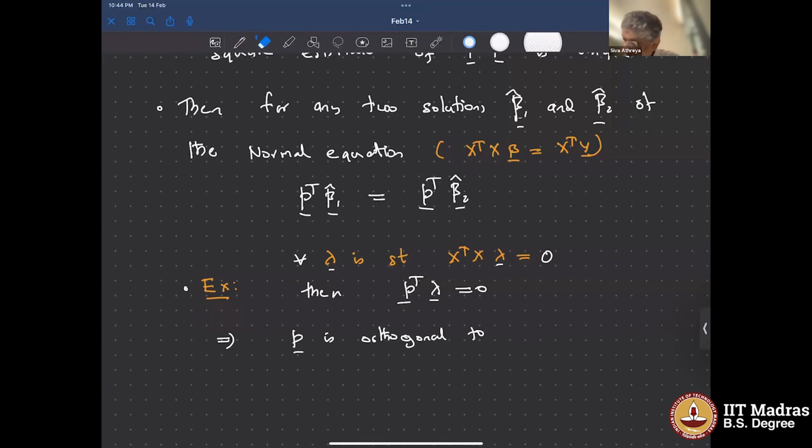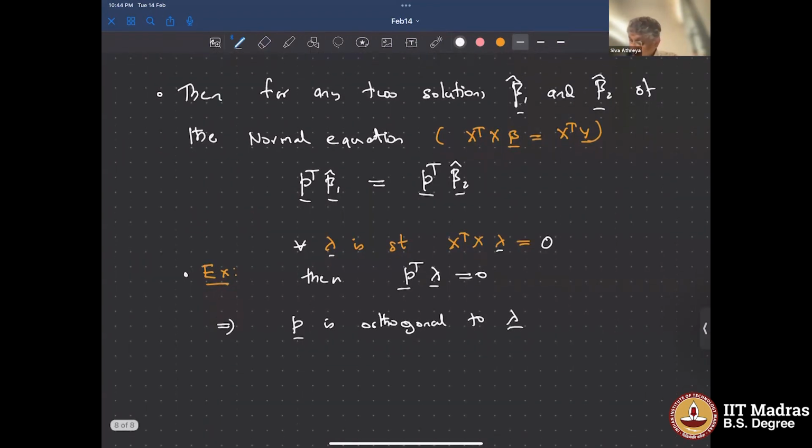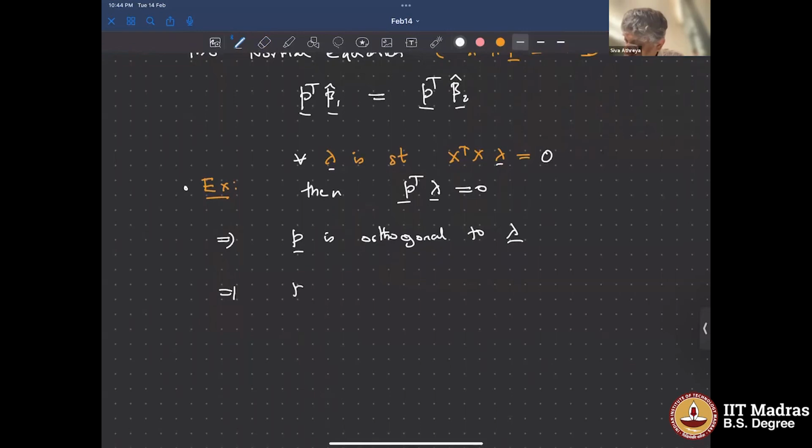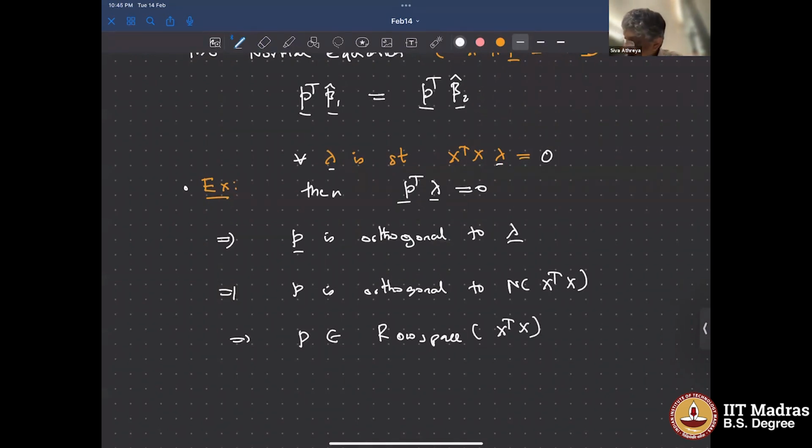And lambda was any vector in the null space of X transpose X. That means P is orthogonal to the null space of X transpose X. But that means P belongs to the row space of X transpose X. But we know the row space of X transpose X is the same as the column space.